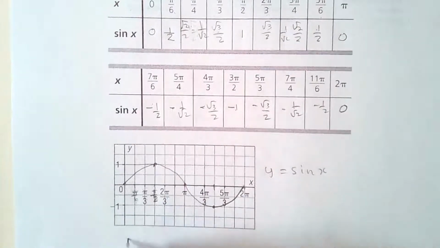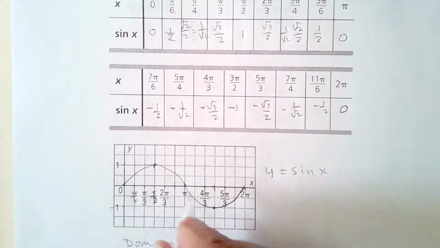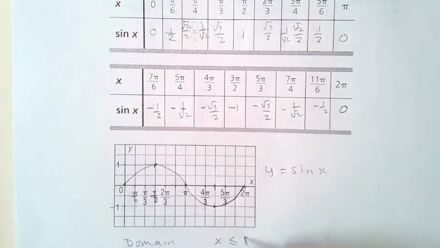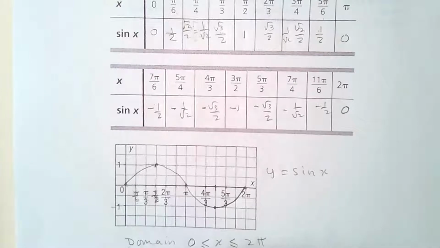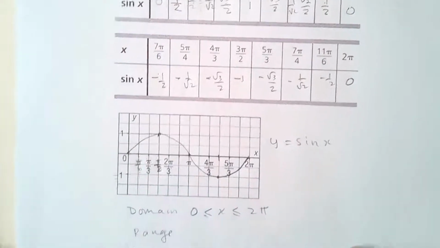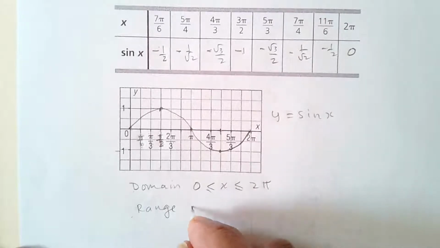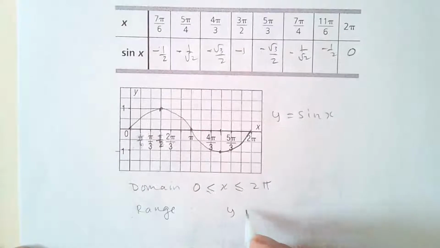Our domain, in this case here, is from 0 to 2 pi. So x is between 0 and 2 pi. For range, it ranges from -1 to 1.